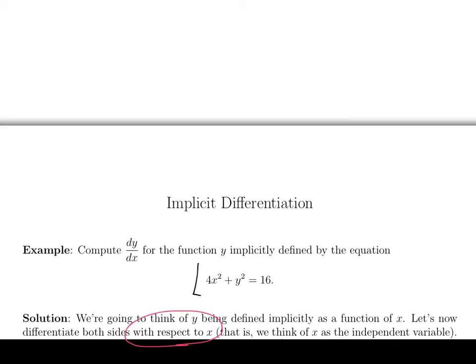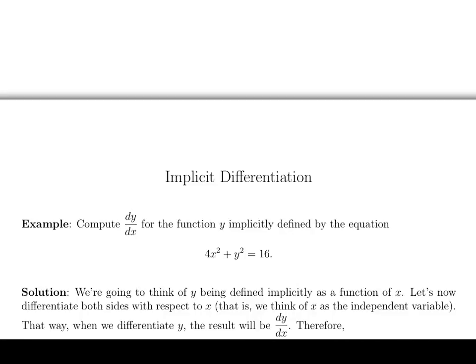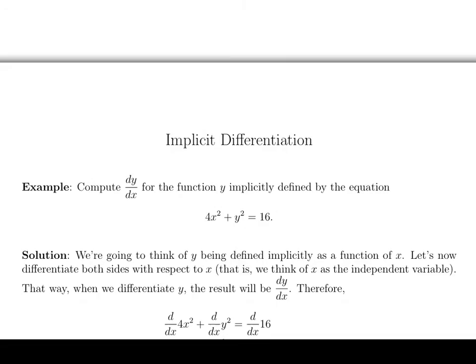If you looked at this equation, there isn't really an independent variable and dependent variable that jumps out at you. So we're going to define x to be the independent variable. So when we differentiate with respect to x, if we differentiate y, our result is going to be dy by dx.